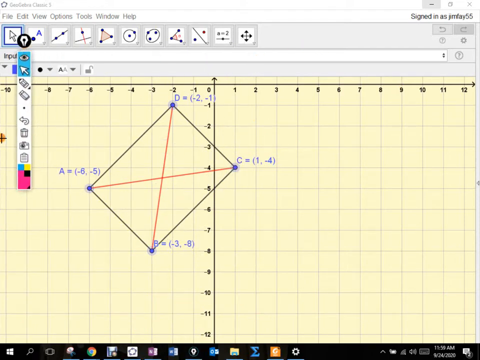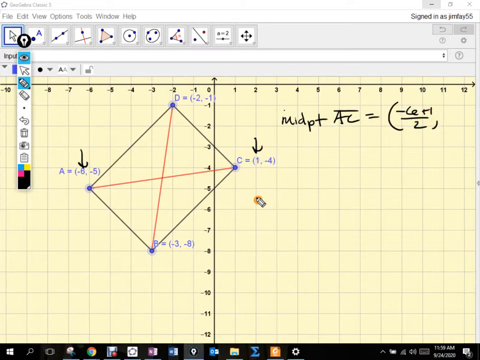Okay, so if I want to find midpoint of segment AC, add your x's together. So you're going to take that x and that x. So that gives you what? Negative 6 plus 1. You're going to divide by 2, right? You're going to take that y plus that y. So negative 5 minus 4, divide by 2.